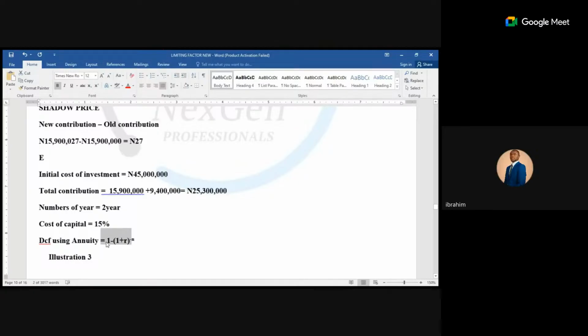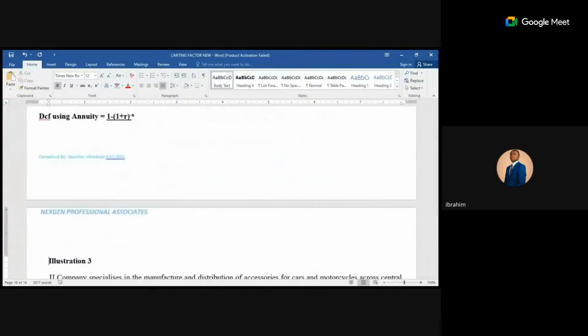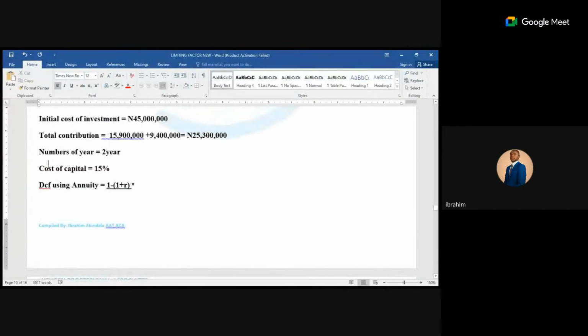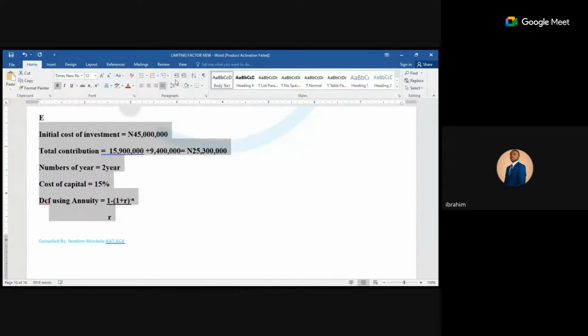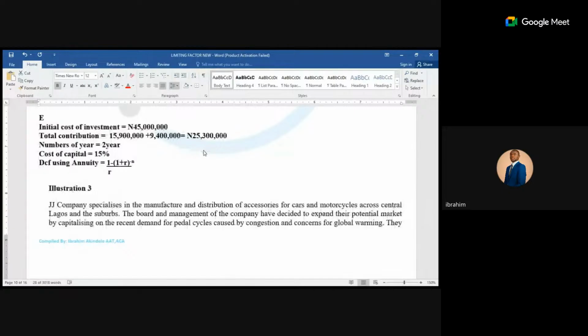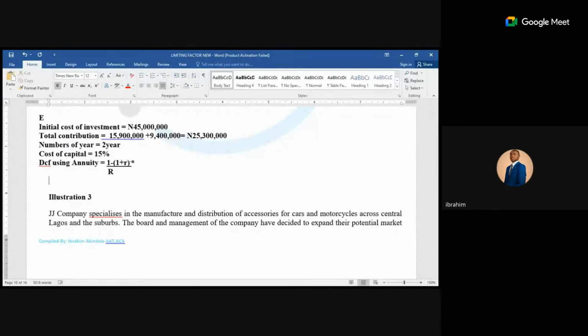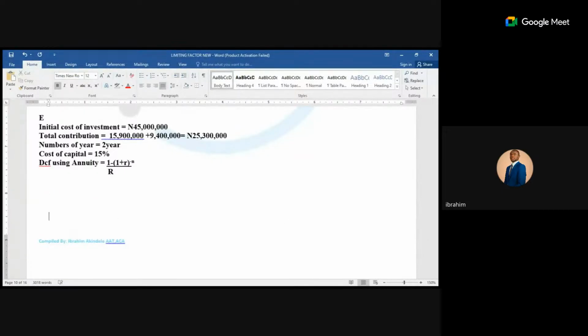That gives us our discount factor for 2 years using the annuity formula. We're almost done. If time permits, we should introduce throughput accounting.